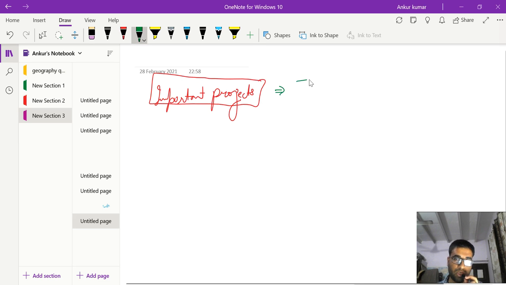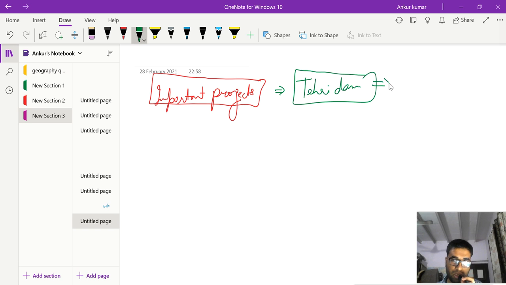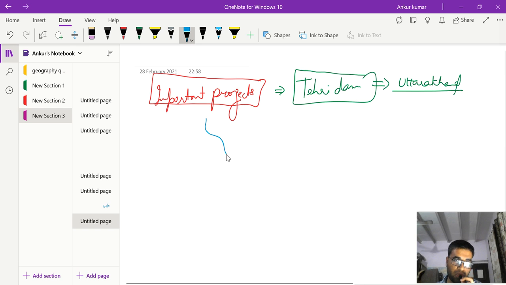So we must know about the Tehri Dam. Tehri Dam is in Uttarakhand, and it is situated at the Bhagirathi and Bhilangana confluence. So this is Bhagirathi River, and this is the Bhilangana River. And Bhagirathi meets the Alaknanda at Devprayag, we all know. So this point is Devprayag.